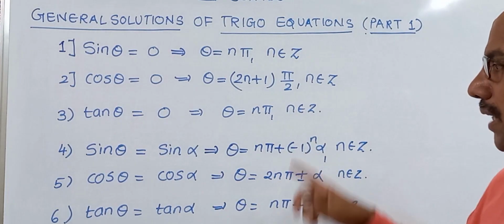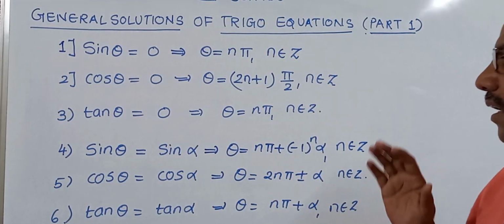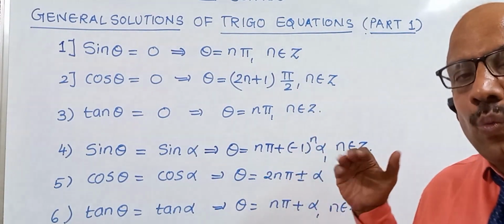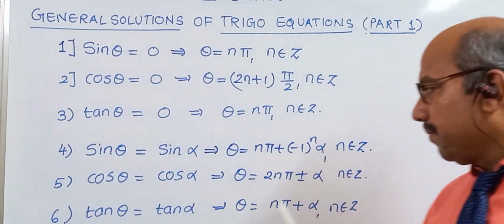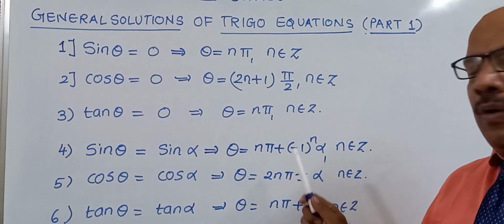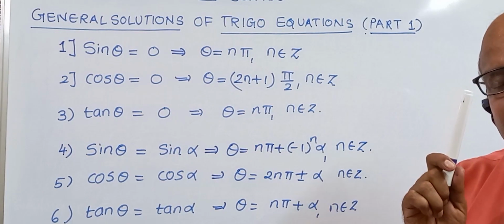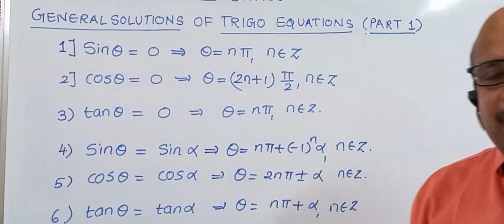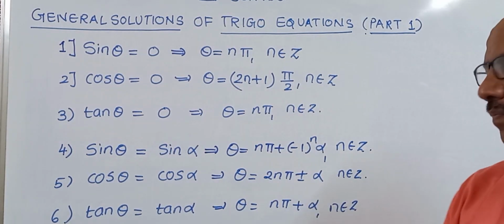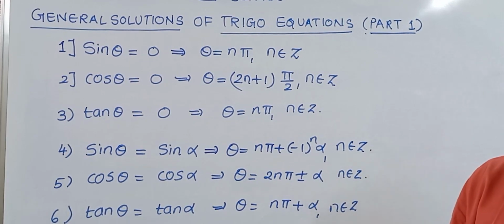So the general solution depends on these 9 formulas. Now, extra 3 formulas. If you have gone through my previous video on principal solution, I explained where the signs are positive, first and second quadrants.